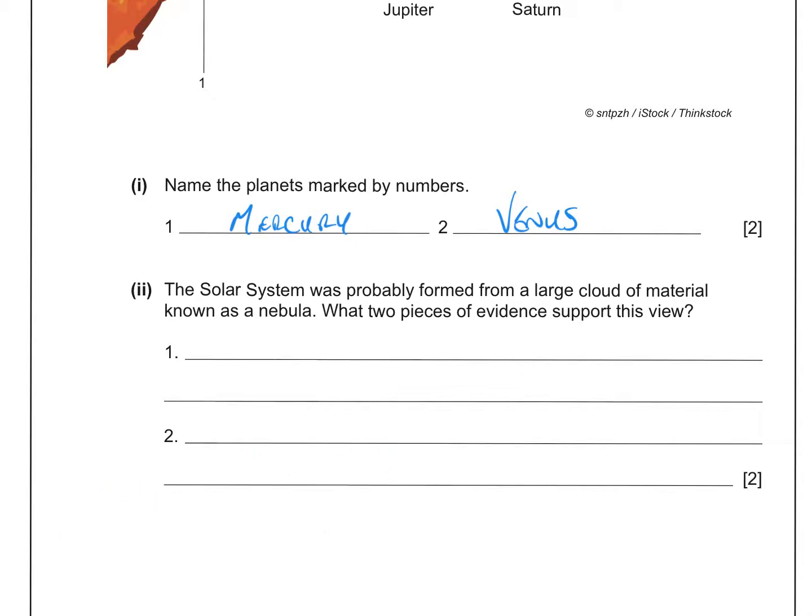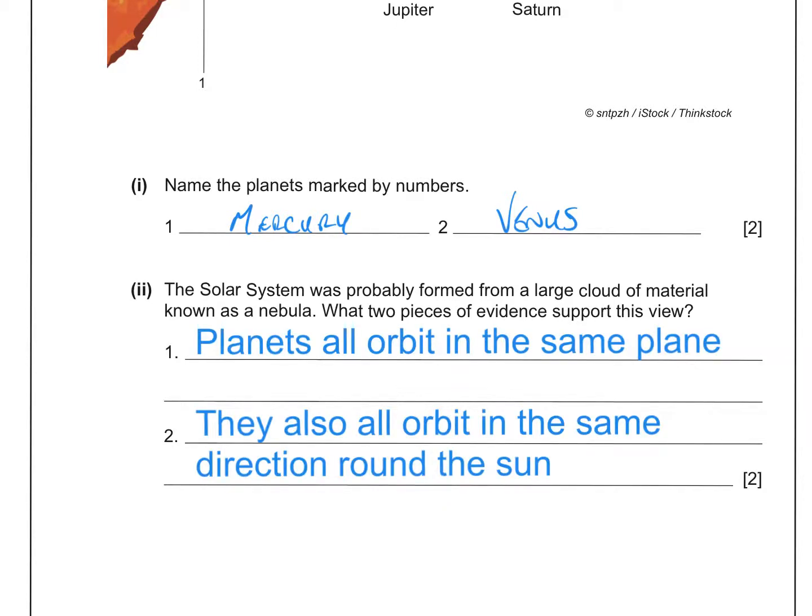So they're all in the same plane, and they're all heading round the Sun in the same direction. And so these are the reasons why we think that they all formed from the same swirling cloud.